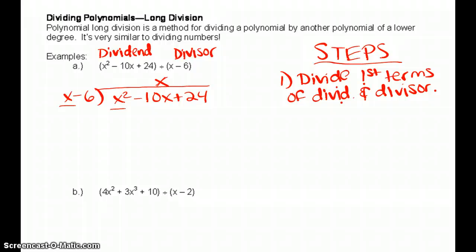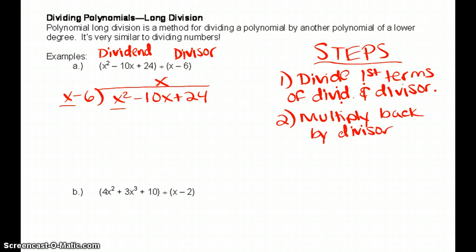Okay. And then after I do that, I'm going to multiply my quotient back by the divisor. So I'm going to take x, and I'm going to multiply it by x minus 6. And that's going to go right here. Okay?